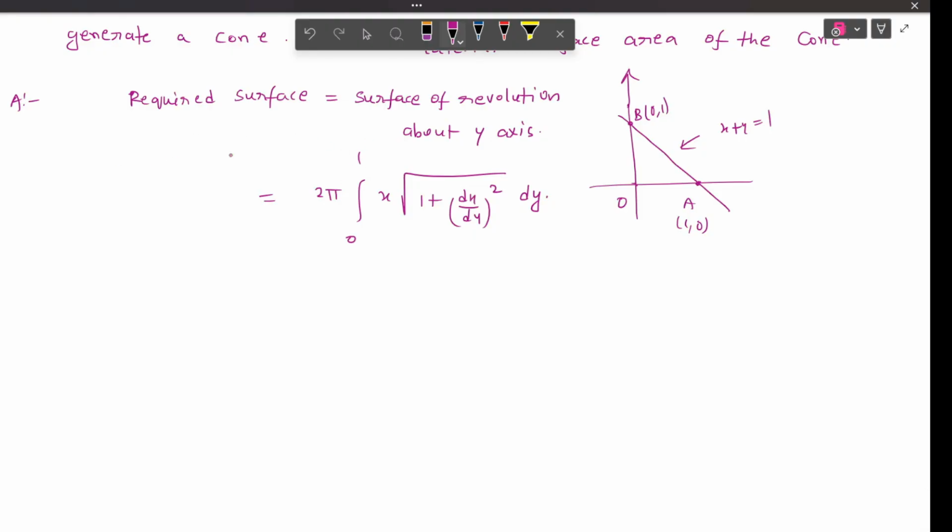So our line is x plus y equals to 1. So this is 2 pi integration 0 to 1. x is 1 minus y. So square root of 1 plus, we have to differentiate it. We are taking differentiation with respect to y.